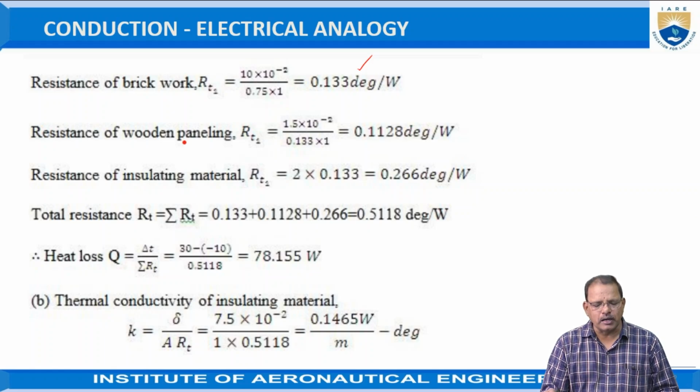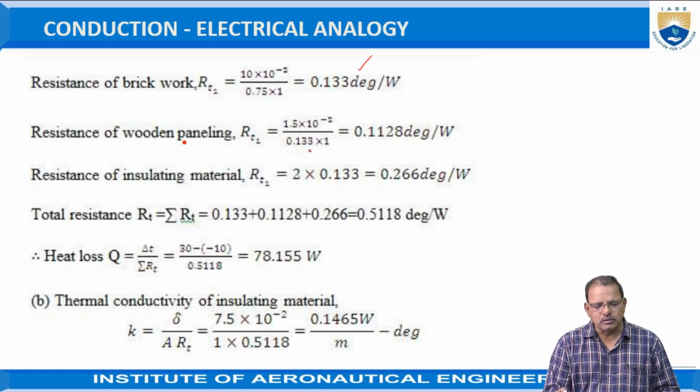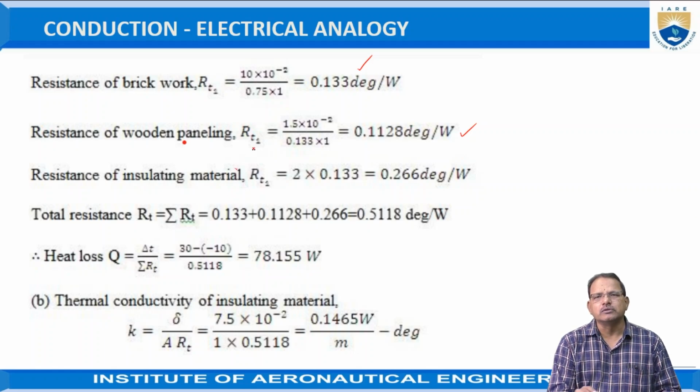Similarly for the wooden paneling, it is 1.5 into 10 to the power of minus 2 divided by 0.133 into 1, which is equal to 0.1128 degree per watt. The resistance of the insulating material is 2 into 0.133, which is equal to 0.266 degree per watt.